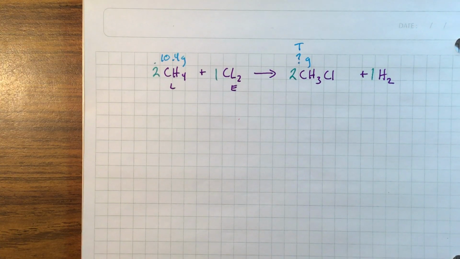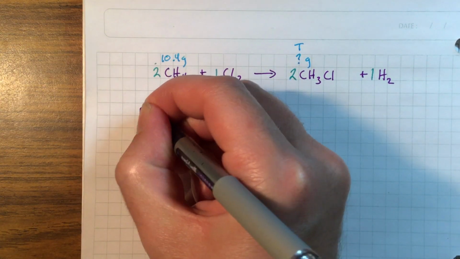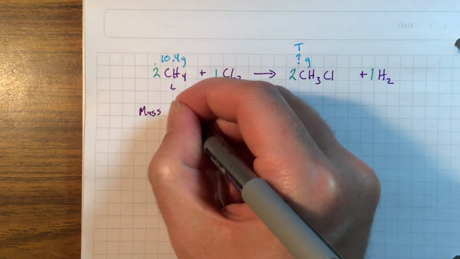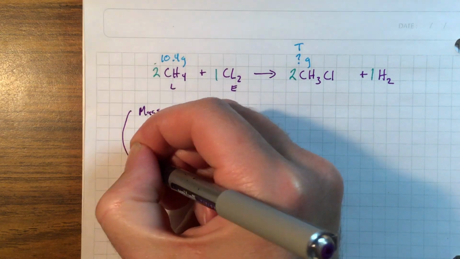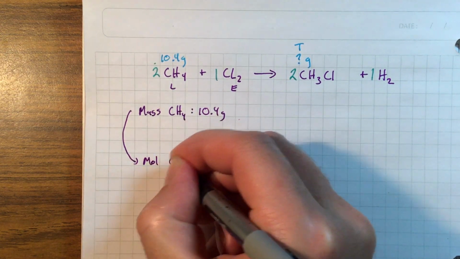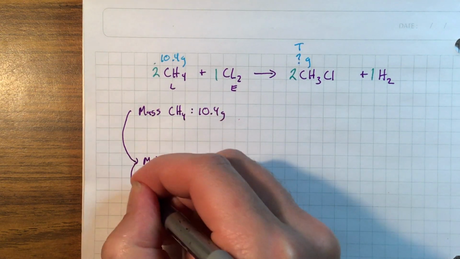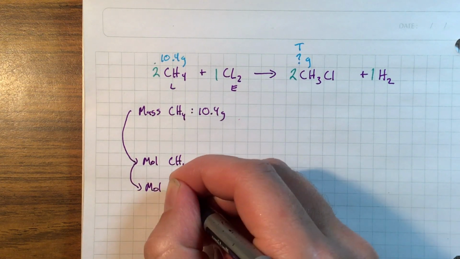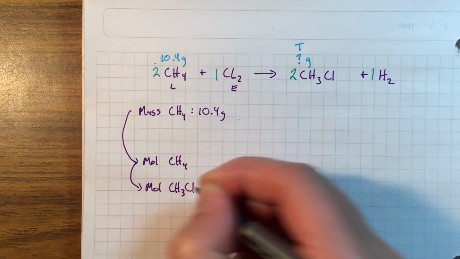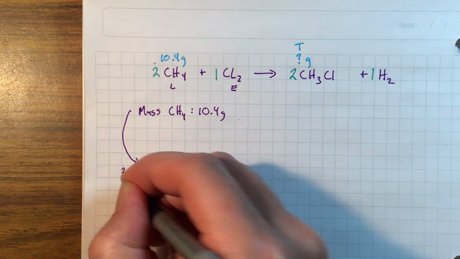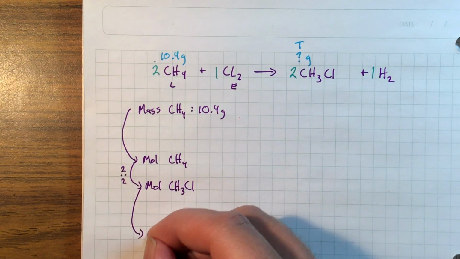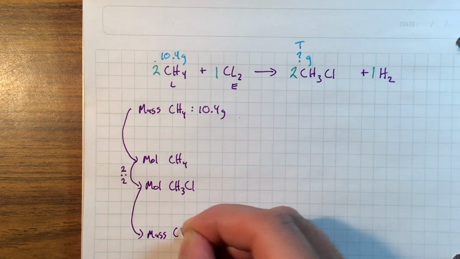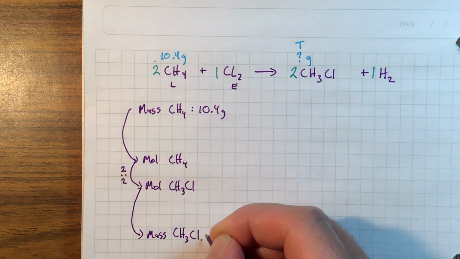All right, so let's map this out. So we're going from mass of CH4, 10.4 grams, to our moles of CH4. Then we're going to go to our moles of CH3Cl. Now this is a 2-to-2 molar ratio, which means it's just 1-to-1.